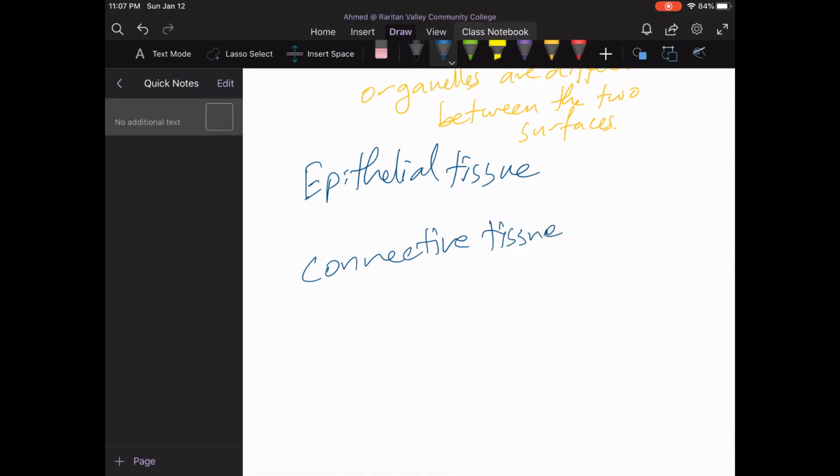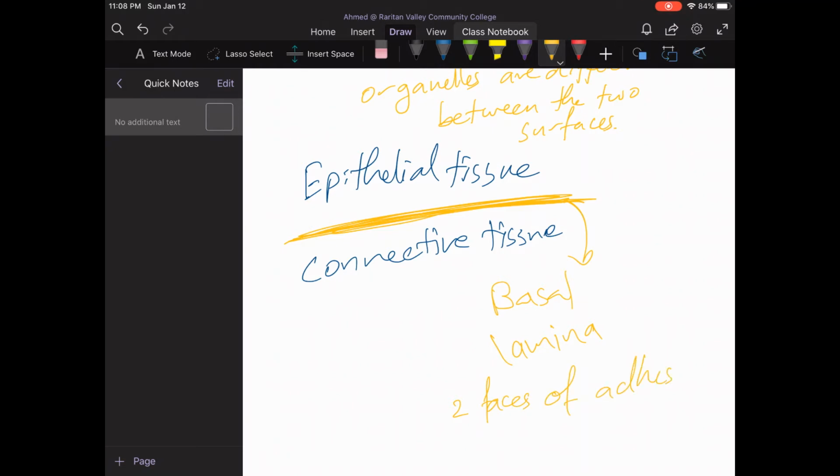And usually they will be connected through a layer called the basal lamina. Think of this like two faces of adhesive materials.